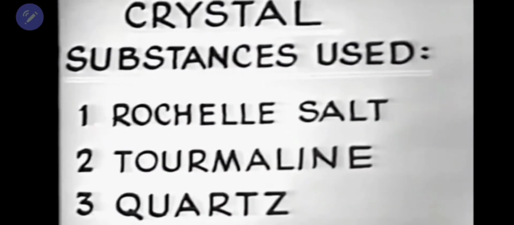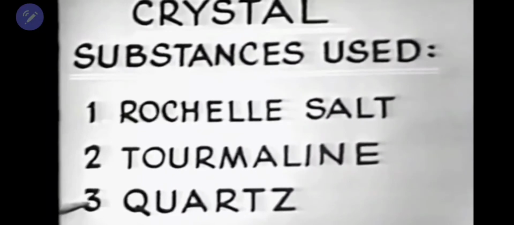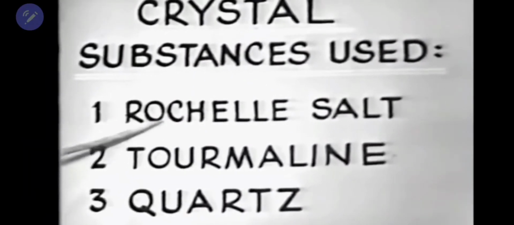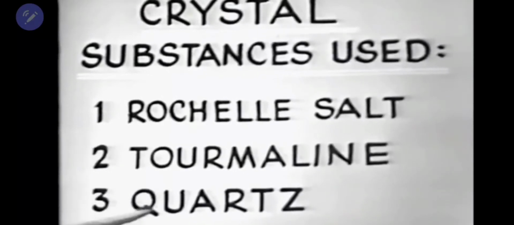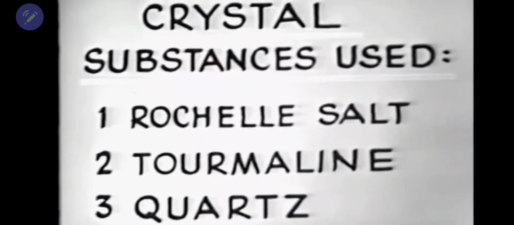Then we saw the three substances used: Rochelle salt, tourmaline, and quartz. We said that Rochelle salt exhibits the piezoelectric effect to the greatest degree, but that quartz is most generally used because of its mechanical strength. This represented the crystal holder, this the crystal itself.